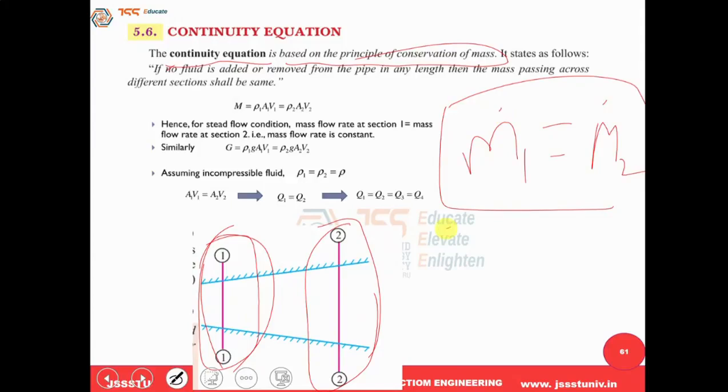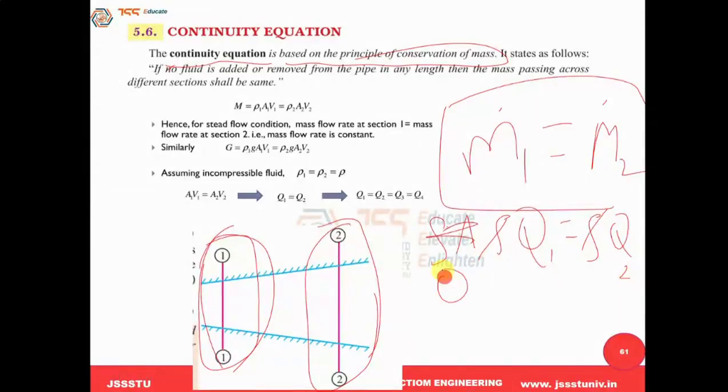What is the relation between m dot and Q? Rho Q. So rho Q1 equals rho Q2. If the density is constant, it cancels, then Q1 equals Q2. What is Q1? At section 1, it is A1 into V1.